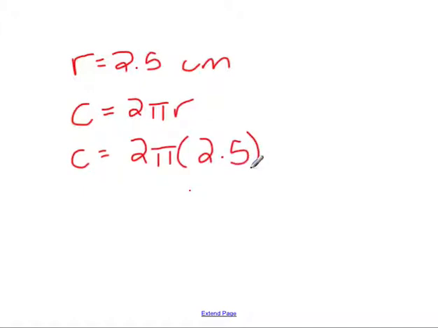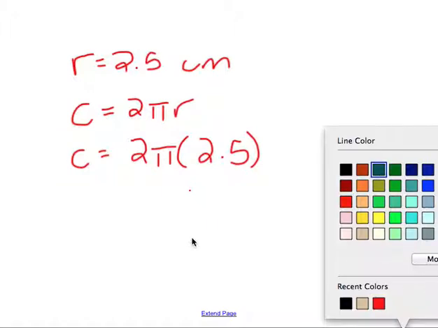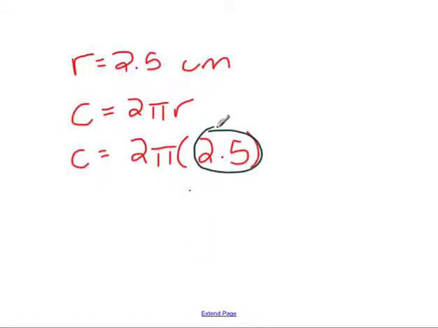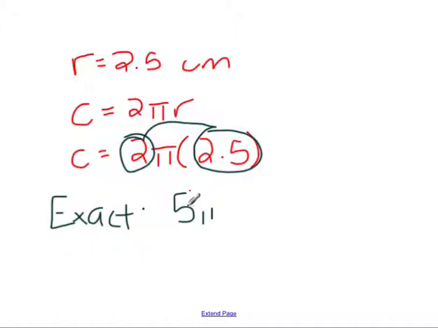To get the exact measurement, we're going to take 2.5 and multiply it by 2. So 2.5 times 2 is 5. So our exact measurement for this is going to be 5 pi. To get our estimated, we're going to take 5 times pi. So that's our rounded version.